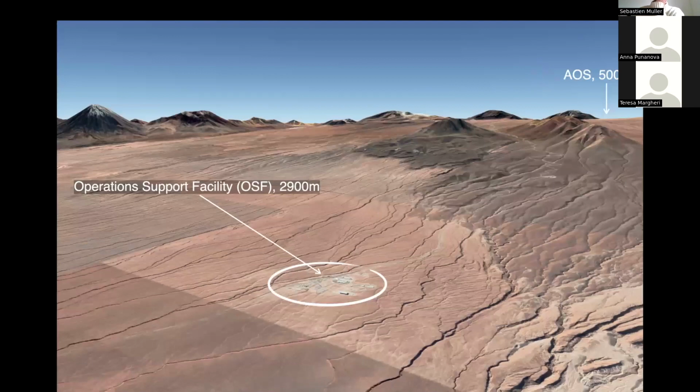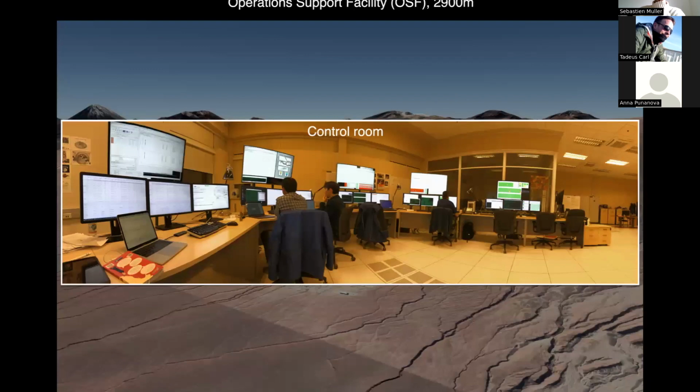Then there are the OSF, the Operations Support Facility buildings, which are at 2,900 meters. There is a road that connects the OSF and the high site, and most of the operations, the workshops and the control room are at the OSF.